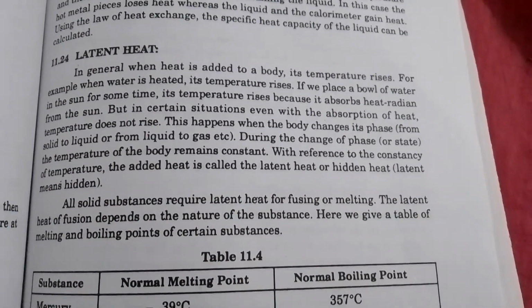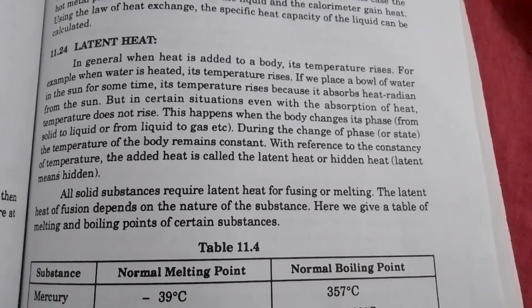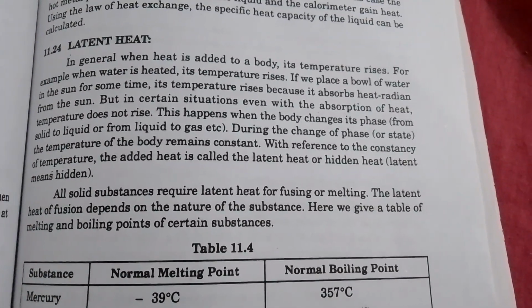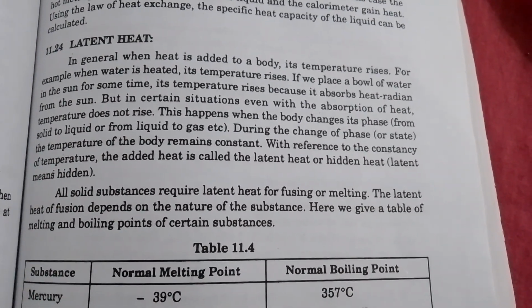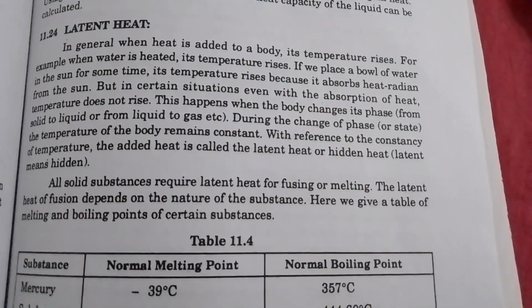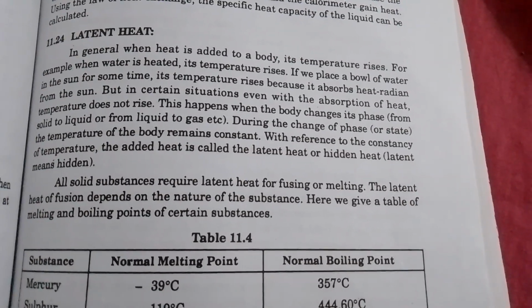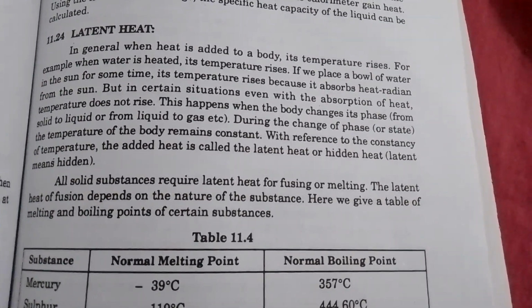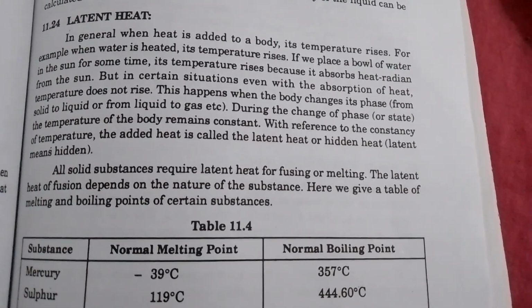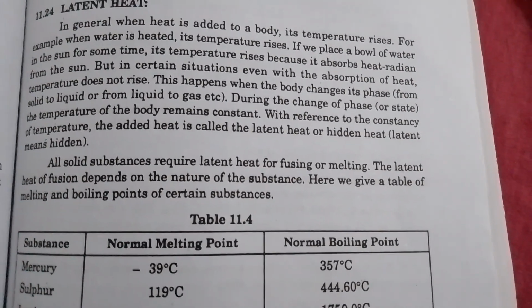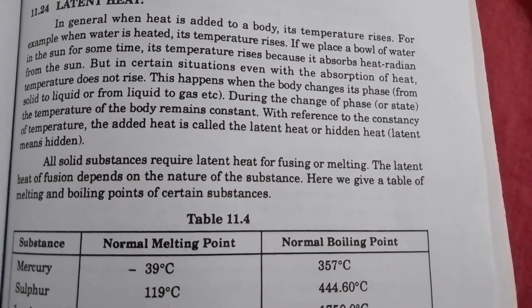This happens when the body changes its phase from solid to liquid or from liquid to gas, etc. During the change of phase or state, the temperature of the body remains constant. With reference to the constancy of temperature, the added heat is called the latent heat or hidden heat.